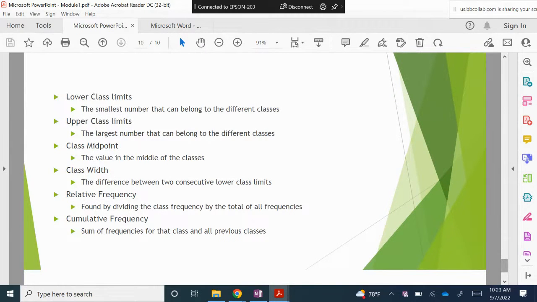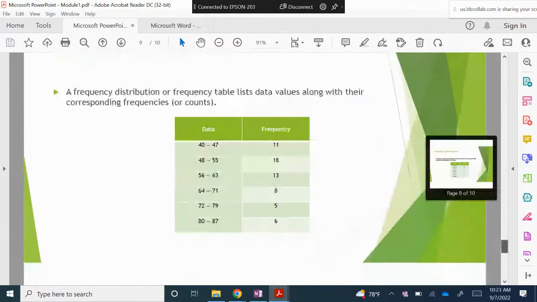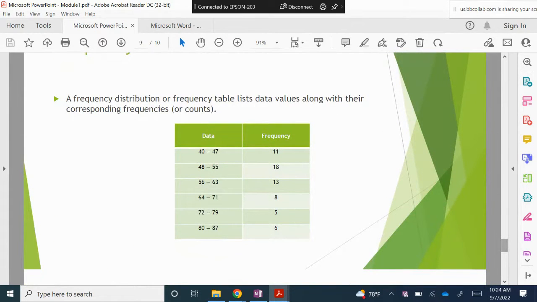The relative frequency, we're actually going to talk about that when we construct the frequency distribution. It's found by dividing the class frequency by the total of all frequencies. So just to give you an example, let's say we want to find the relative frequency for this first class.